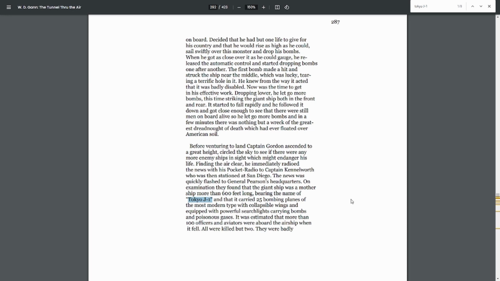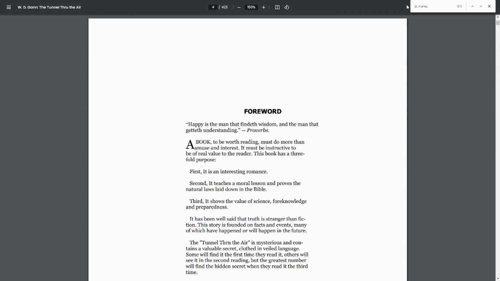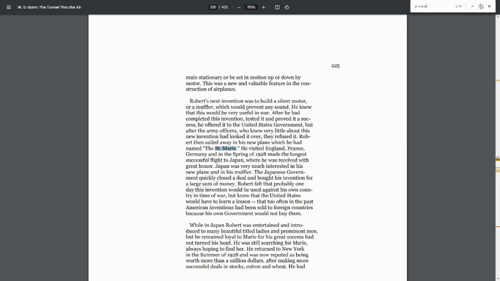And the second CR cycle is Saint Mary. It says that Robert's next invention was to build a silent motor or a muffler which would prevent any sound. He knew that this would be very useful in war. After he had completed this invention, tested it, and proved it a success, he offered it to the United States government, but after the army officers who knew very little about this new invention had looked it over, they refused it.